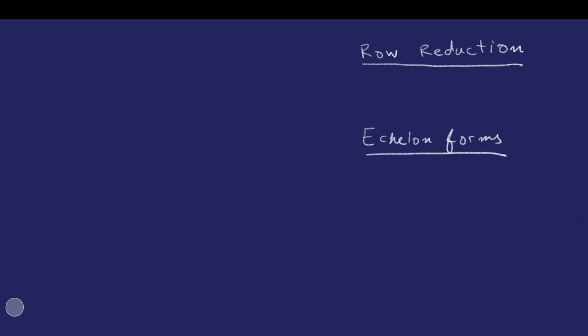So just to clarify, when you say echelon forms, do you mean the final product of your row reduction? Exactly. The idea of row reduction is to reduce your system of equations to be in an echelon form. Okay, so far I'm with you. The idea is that presumably, if you have it in echelon form, you can just read off what your answer is real fast. Yeah, that's the idea.